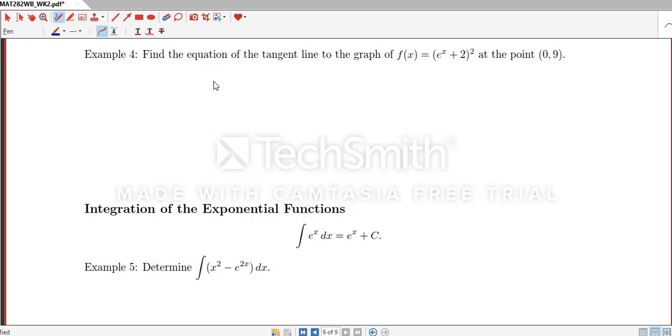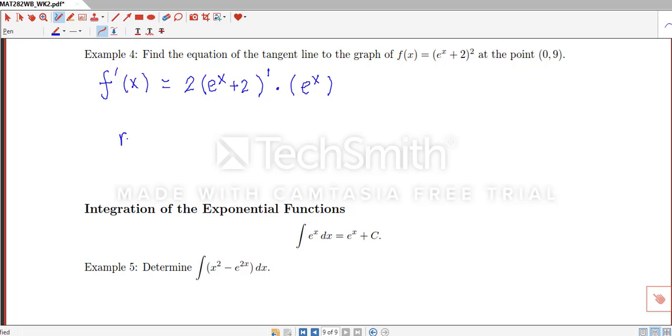In order to find the slope, we will need to take the derivative. f prime of x equals, use the general power rule. Power comes down, power decreases by 1. So e to the x plus 2 is the inner function, times the derivative of the inner function, which is e to the x power only.